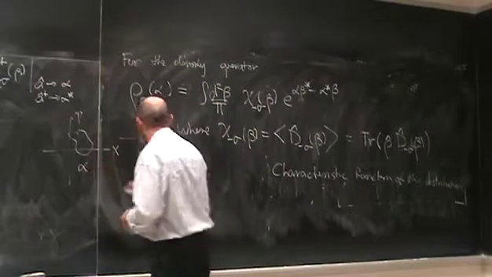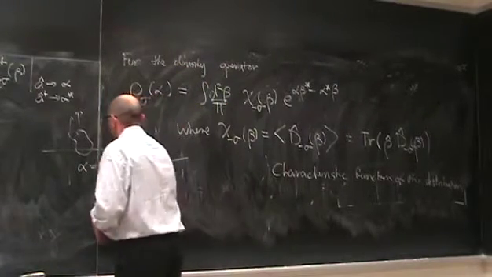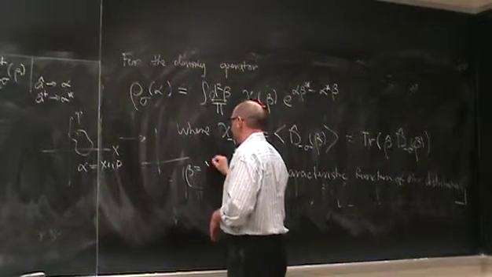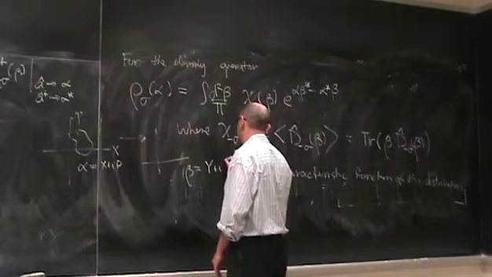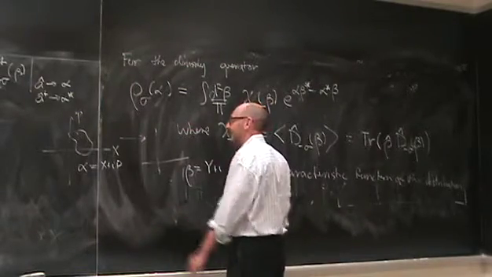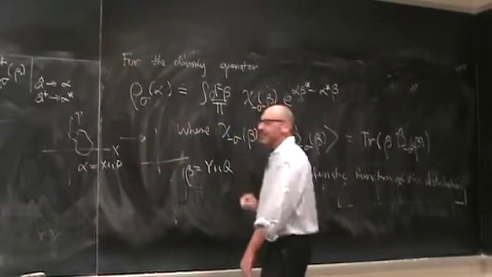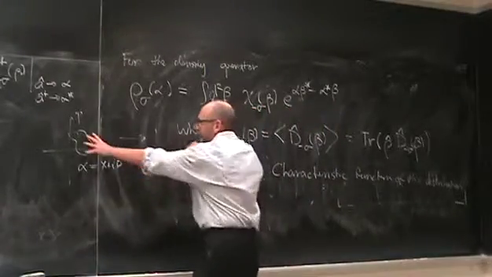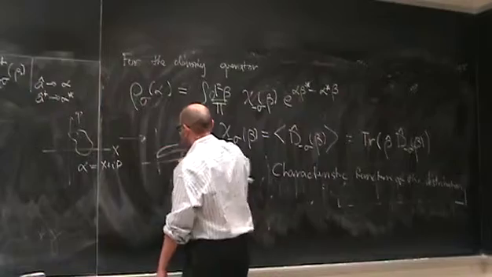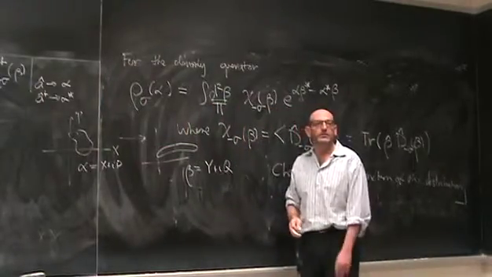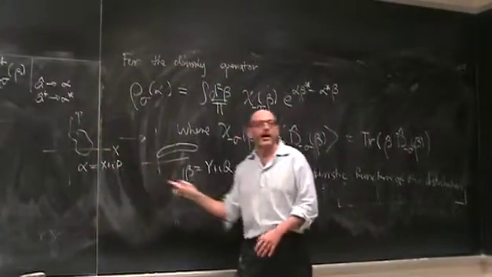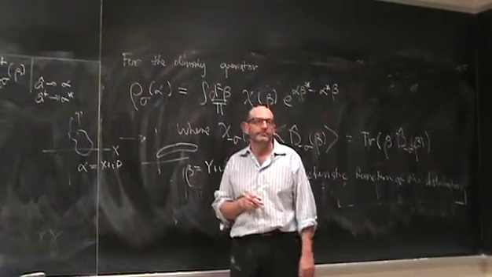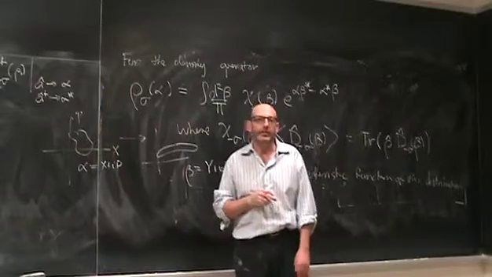So this is my alpha, which is X plus iP, and now I have a beta, which is Y plus i Q. Forget about that. And this is the Fourier transform of that. Of course, it looks something like that. So alpha and beta are the conjugates. I'm taking the Fourier transform on phase space. That's what we're doing.